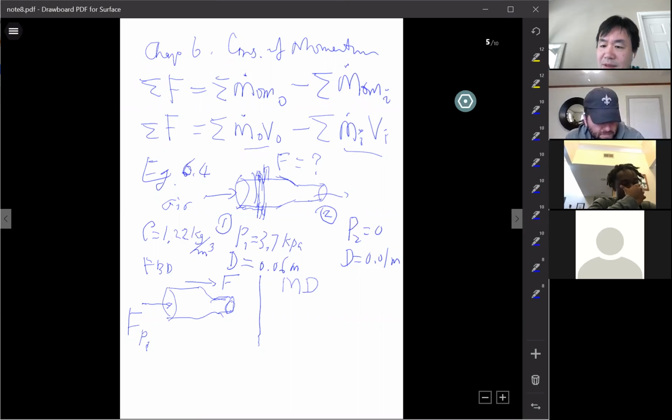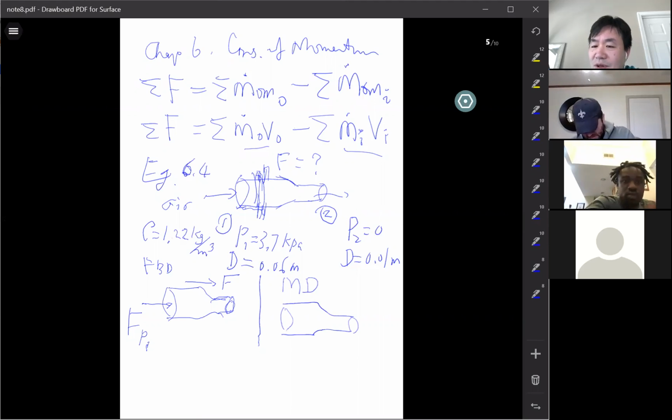So momentum diagram. Can you draw the object like this? I think everybody can, right? Same object as in the free body diagram. In the momentum diagram, you just write down all the momentums. Momentum also is a vector, as I said many times. M dot V, momentum is a vector.